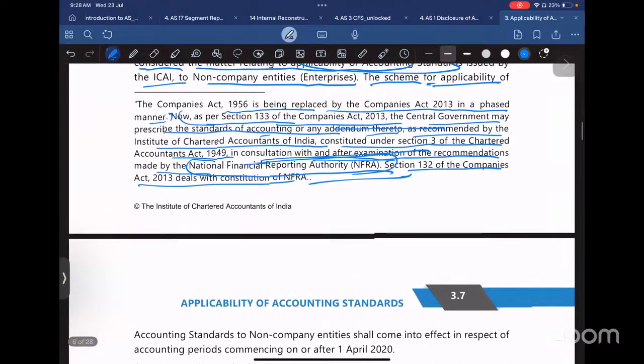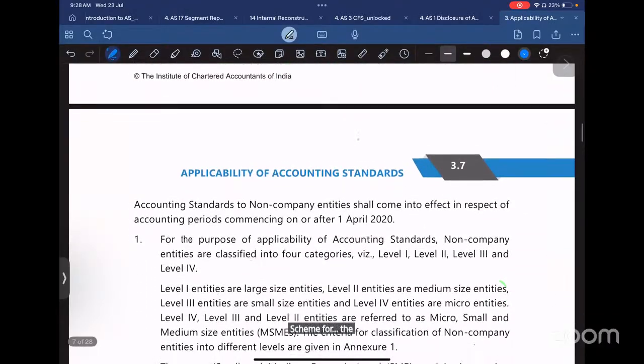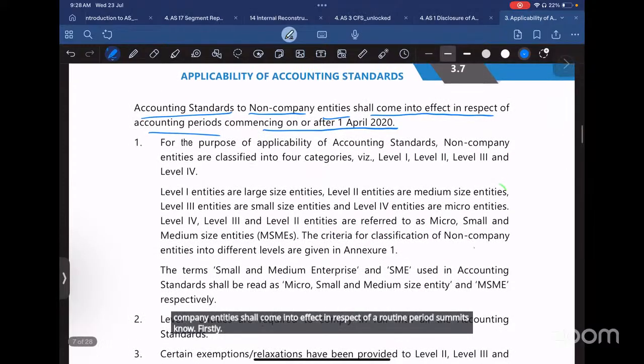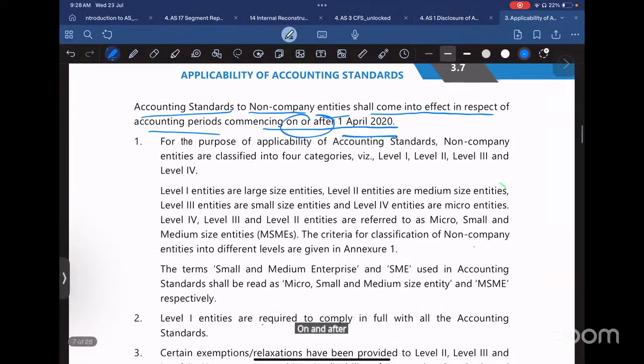The scheme for applicability of accounting standards to non-company entities shall come into effect in respect of accounting periods commencing on or after 1st April 2020.